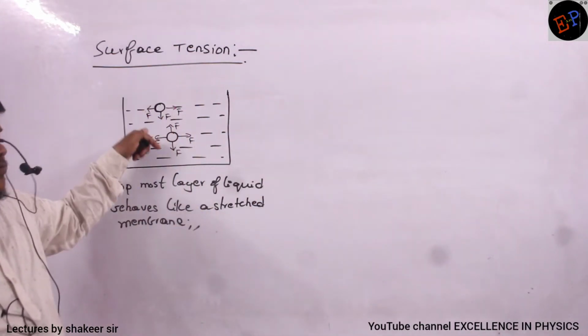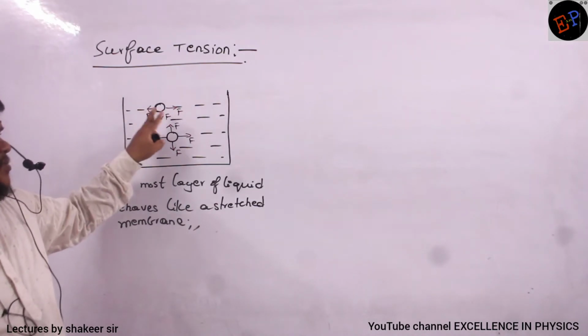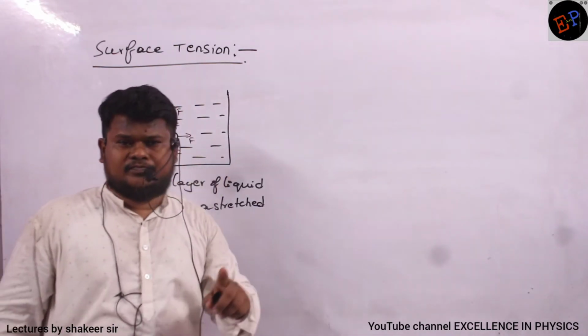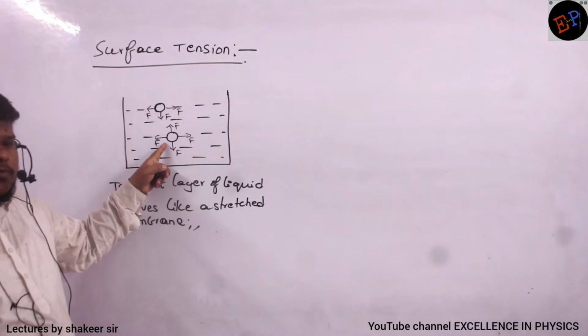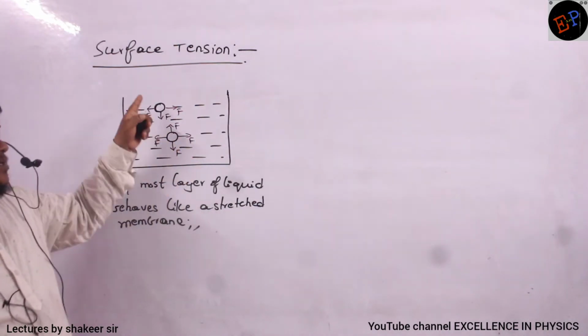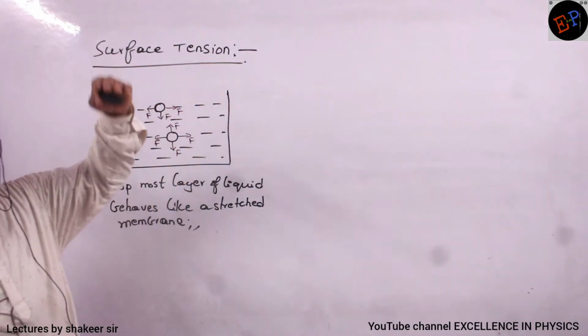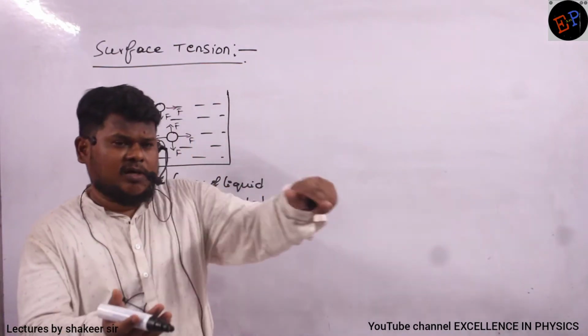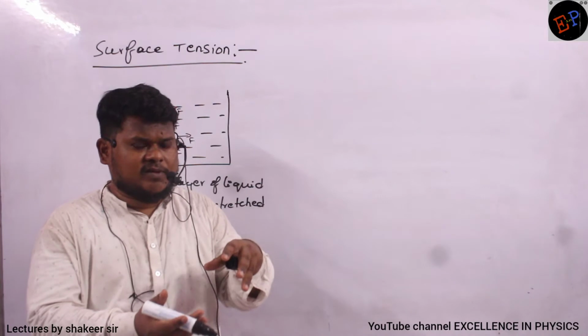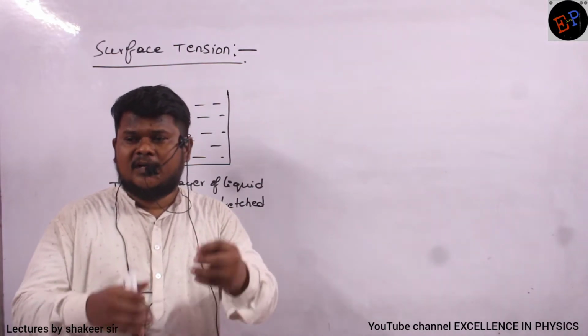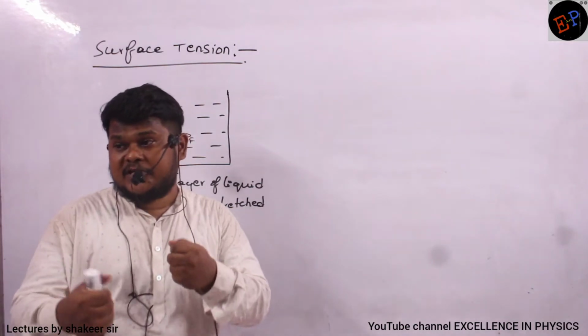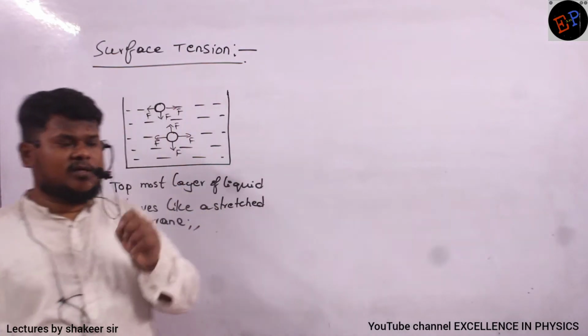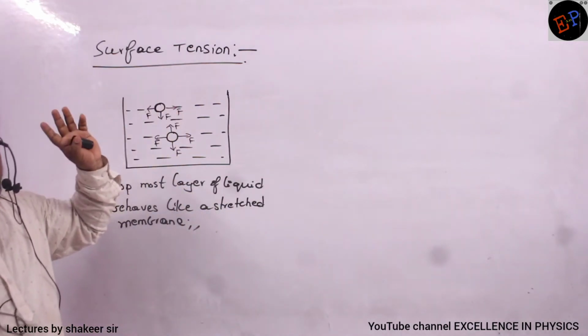So these molecules are not free to move, while the ones inside can move wherever they like. The topmost molecules, which are open to the atmosphere, are not free to move. So all the molecules on the topmost surface behave as if they were a stretched membrane. They will be under tension. That property is exactly what is called surface tension.